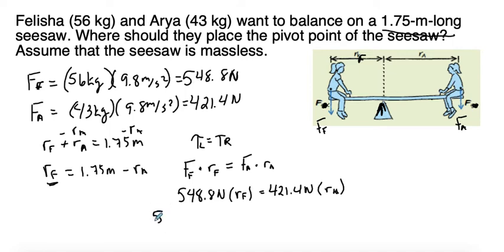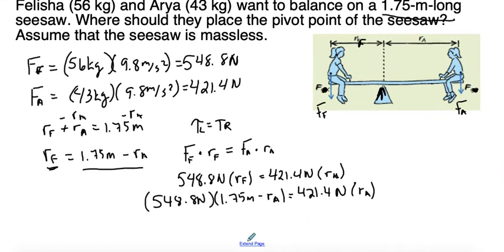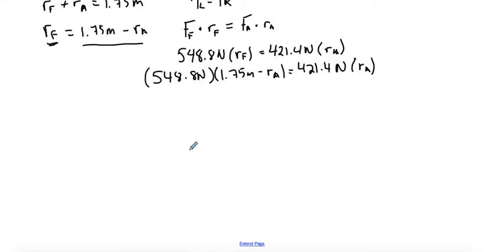So 548.8 newtons times 1.75 meters minus r sub a equals 421.4 newtons times r sub a. And now there's just one unknown here that we can solve.